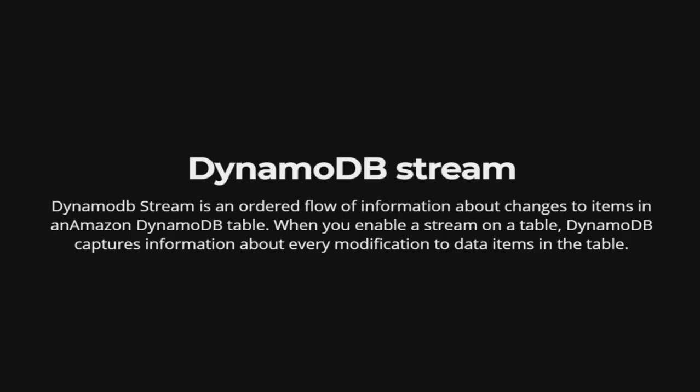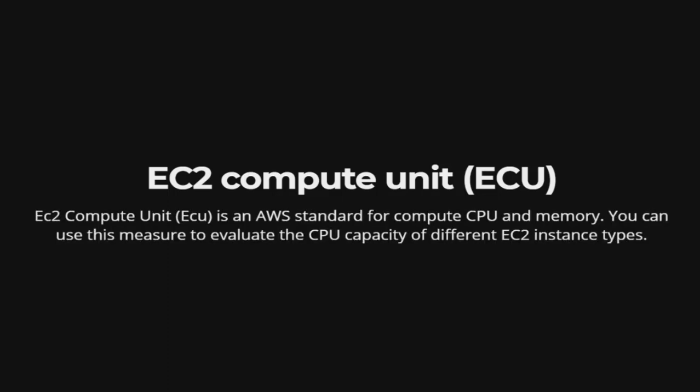DynamoDB stream. DynamoDB stream is an ordered flow of information about changes to items in an Amazon DynamoDB table. When you enable a stream on a table, DynamoDB captures information about every modification to data items in the table. EC2 Compute Unit, ECU. EC2 Compute Unit, ECU, is an AWS standard for compute CPU and memory.